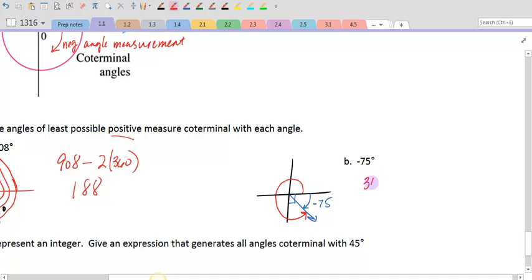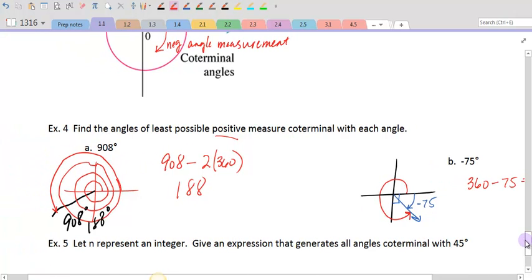So an entire revolution is 360, but let's subtract off this blue 75 degrees, and I end up with 285 degrees for the red rotation. Okay, so drawing a picture is pretty imperative when we're talking about our trig. It's much easier to draw it out, determine just what quadrant I'm in, and then kind of go from there.